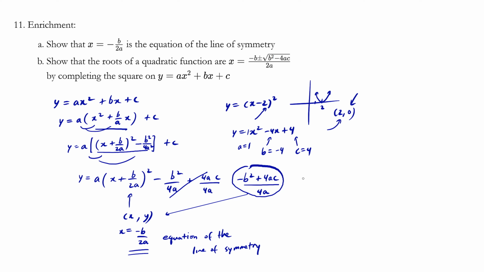So this happens to be negative b squared, so this is negative 4 squared, plus 4ac, a is 1, c is 4, all over 4 times a, which is 1. So we have negative 16, and we have plus 16 that came from 4 times 4, all divided by 4. And you know that negative 16 plus 16 is 0. 0 divided by 4 is just 0. So this indeed is the correct y value of the coordinates of the vertex.